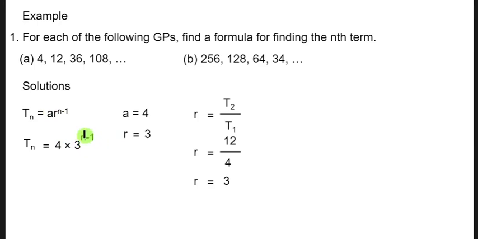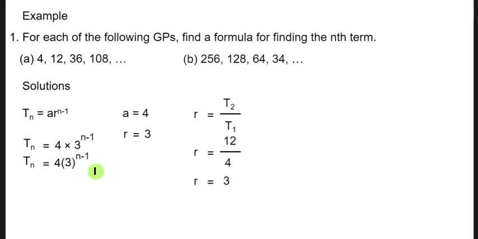Remember, we don't know n here, so we are just finding the formula for the nth term. Then Tn is equal to 4 times 3 in brackets, to the power n minus 1.